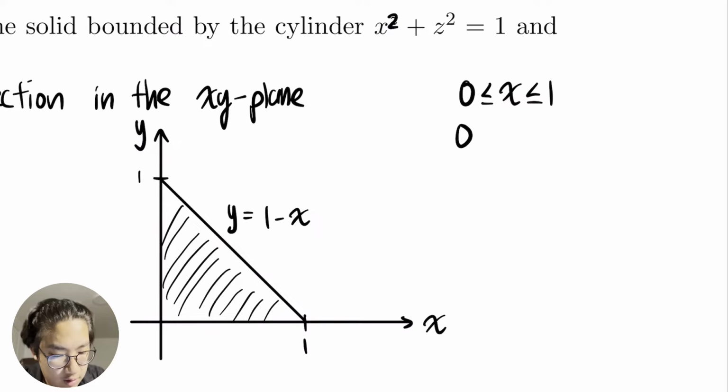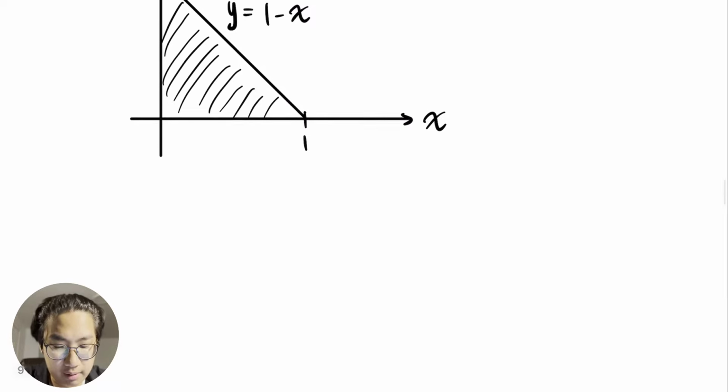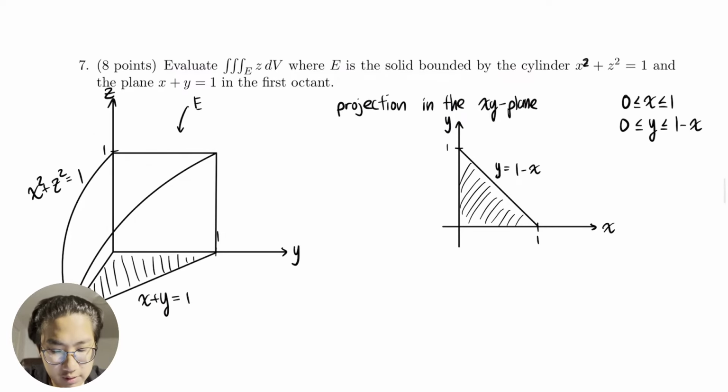So y goes between 0 and 1 minus x. And this right here describes the projection into the xy plane. So we're going to view this 3D solid as a type 1 region, a type 1 3D solid, which basically tells you that we're projecting it into the xy plane, and then the solid will be bounded between two functions of z in terms of x and y.